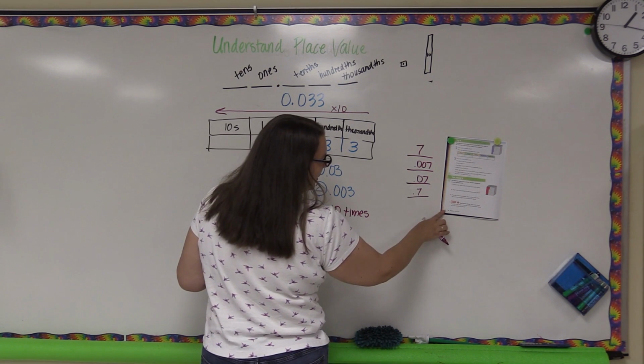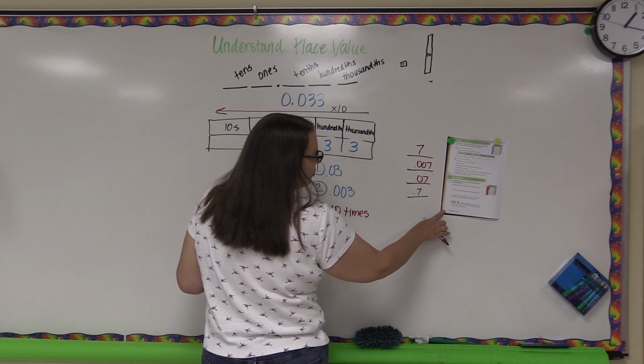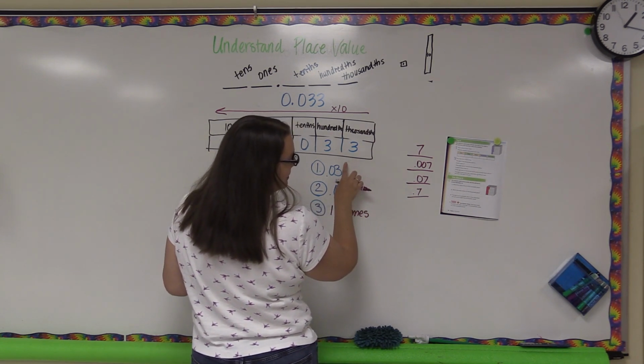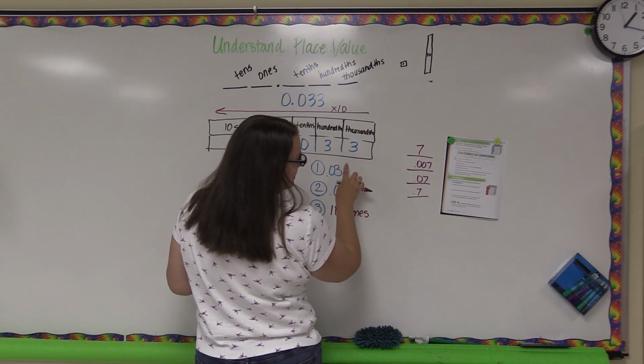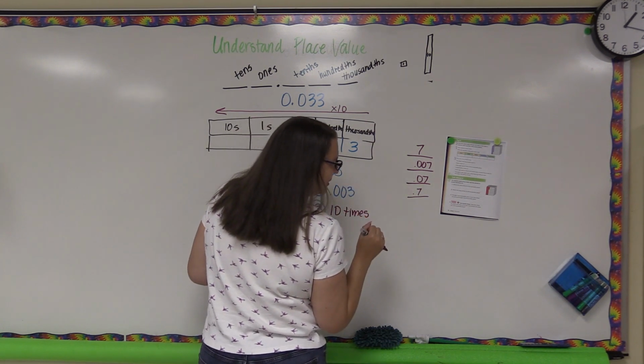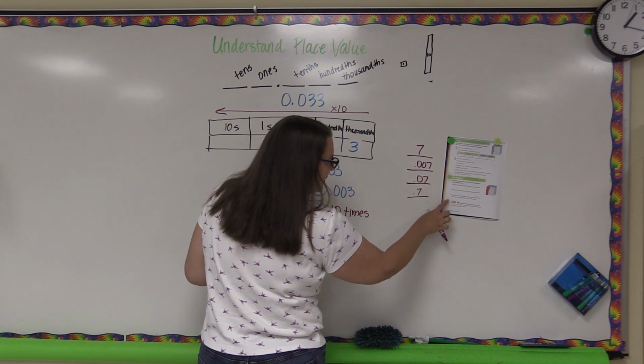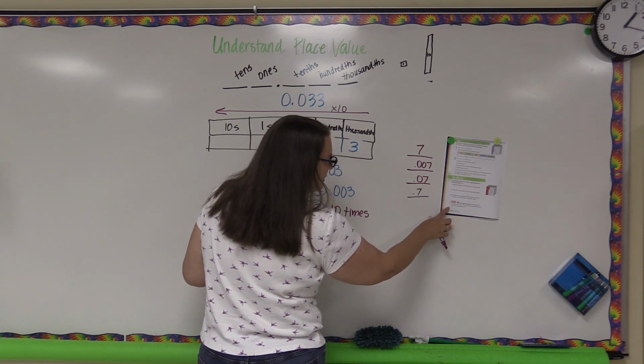And number 4, how many times as great is the value of the digit in the thousandths place as in the hundredths place? That's pretty much the same question as the last one. Let's read that again just to be sure. Yep, 10 times as much.